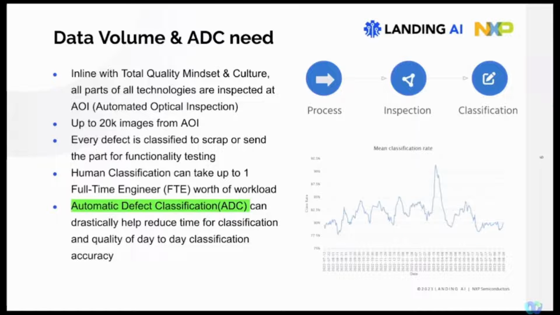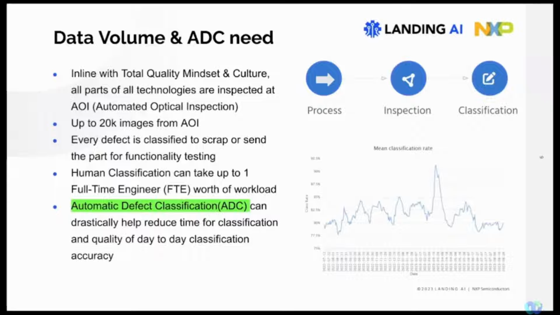Yeah. So as I mentioned, with this quality mindset in our minds, as we are inspecting all the parts of all the technologies of our chips, the data volume gets immense per day. We may get up to 20,000 images collected from the inspection tools at the outgoing inspections, and every one of them is classified.